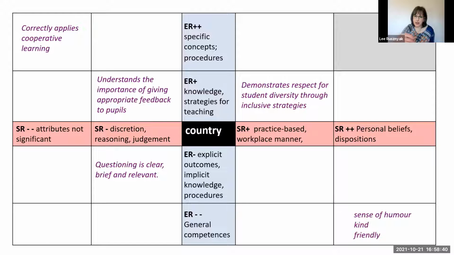So that was why we felt that it was stronger than the ER minus, that it did foreground. In fact, it was one of the only examples that we could find of an elite code where the strategy was explicit as well as the knower was emphasized.